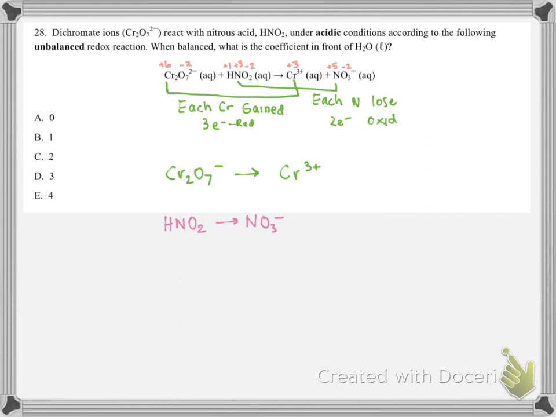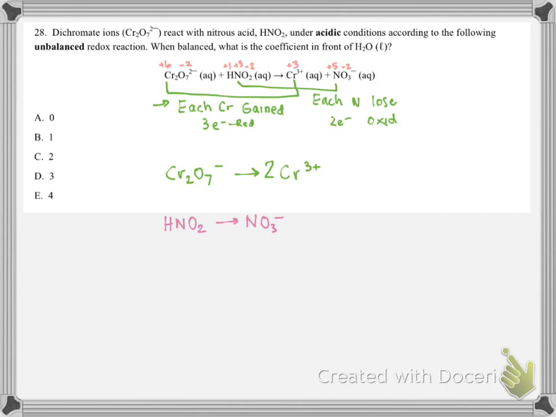Okay, so let's start with the chromium half reaction. On the reactant side, we have 2 chromiums, and on the product side, we only have 1. So we need to balance that by putting a 2 here. And from up here with our change in oxidation numbers, we said each chromium is going to gain 3 electrons.